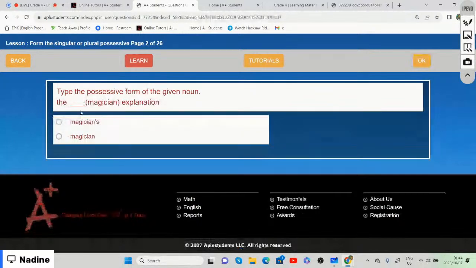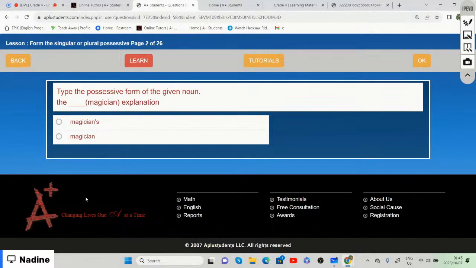The magician explanation. A magician explanation. Or the magician explanation. If we type that word into a possessive form, right? Do we say magician's, option one, or magician, which is option two?